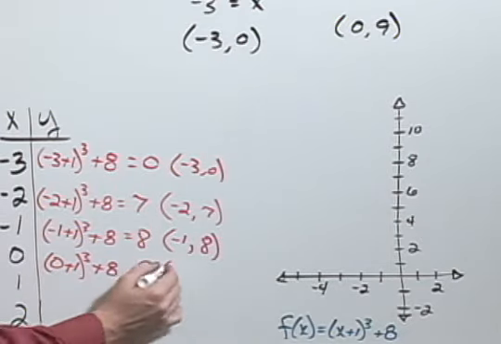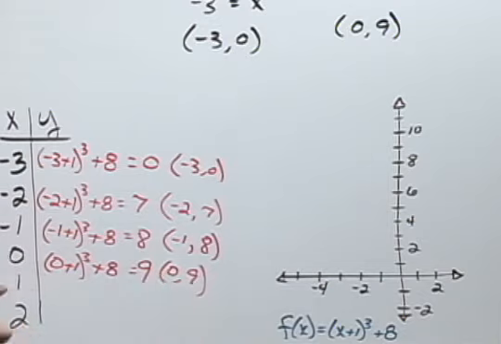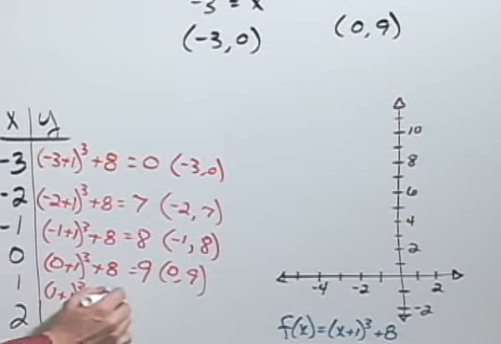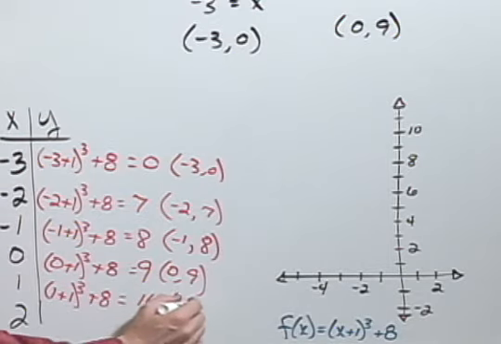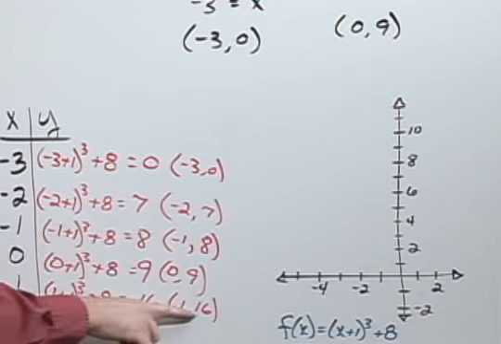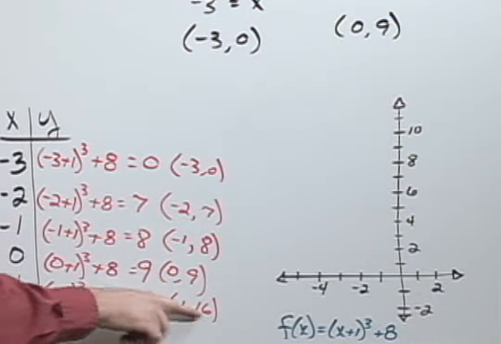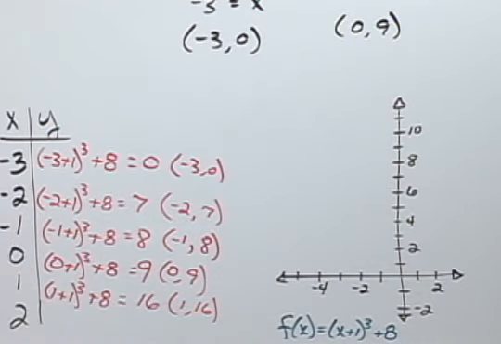So I have the point 0, 9. For 1 plus 1, quantity cubed plus 8, that's going to equal 16. So I'll have the point 1, 16. I could continue this as far as I wanted to, but we can see that my y values are getting rather large for my graph.